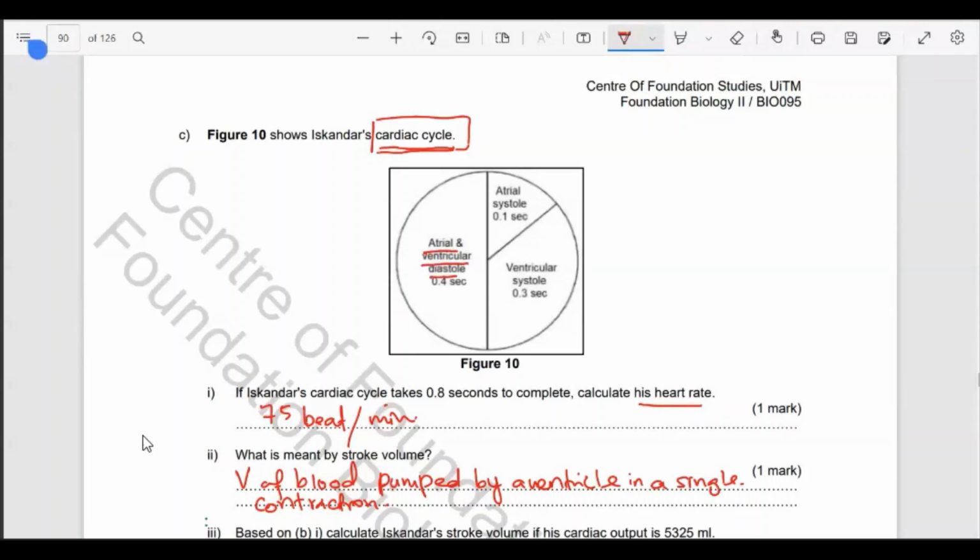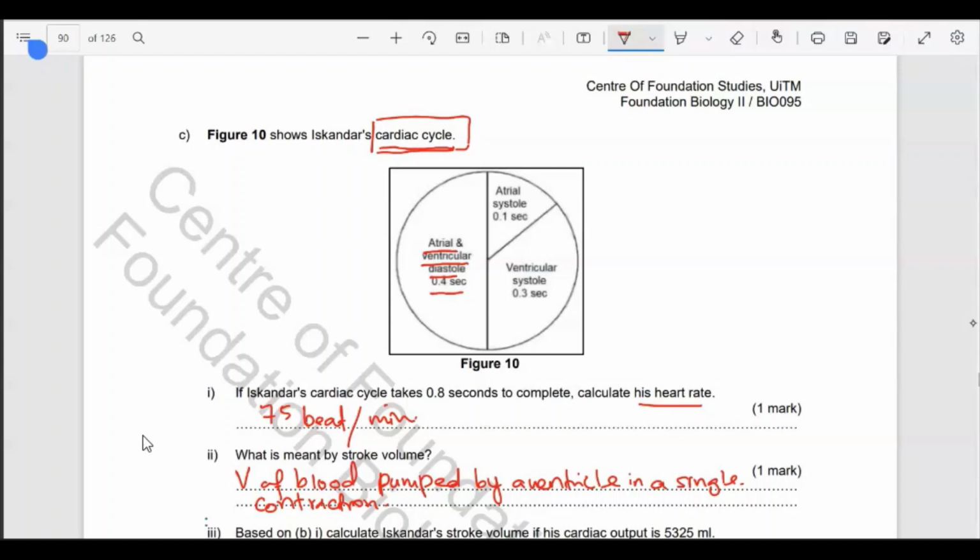It means that all the 4 chambers of the heart are relaxed, where the heart chambers need to collect blood. So all the blood can enter into all these 4 chambers of the heart, the 2 atria and the 2 ventricles. The duration is 0.4 seconds.